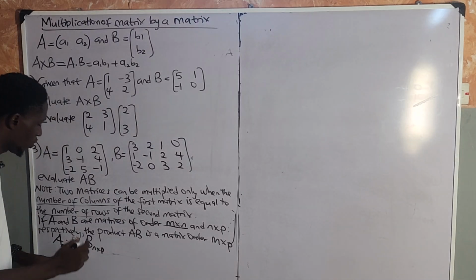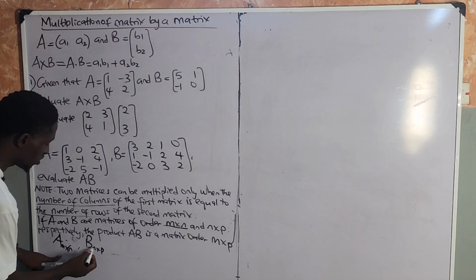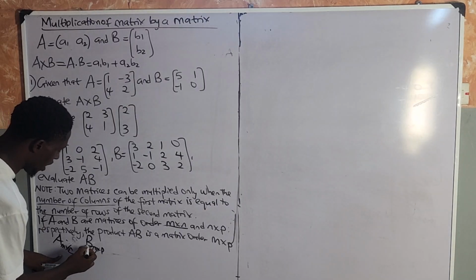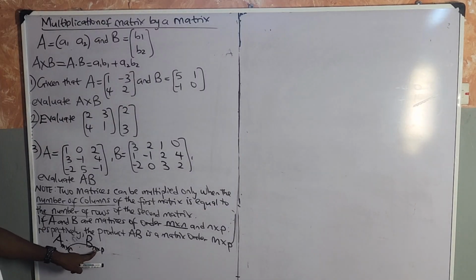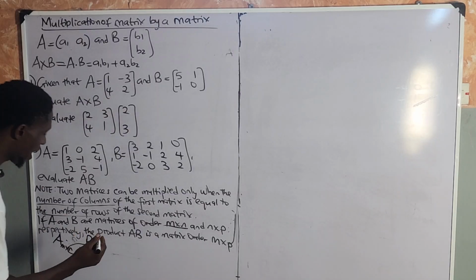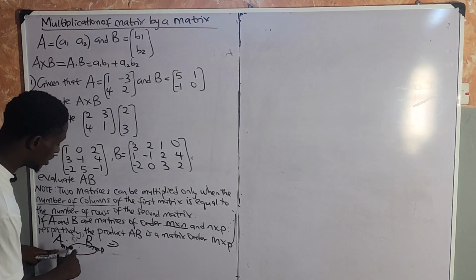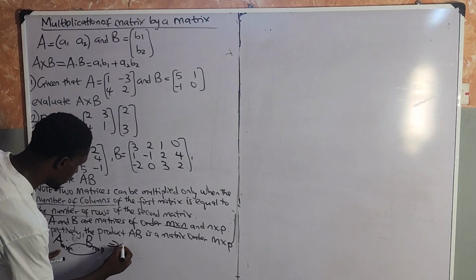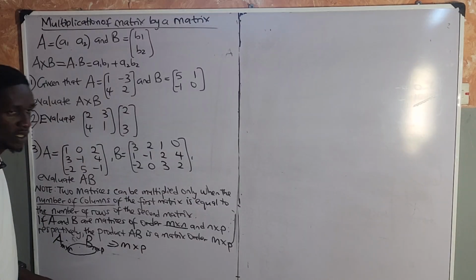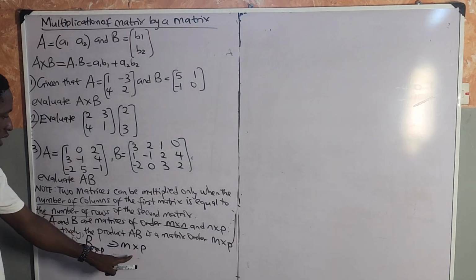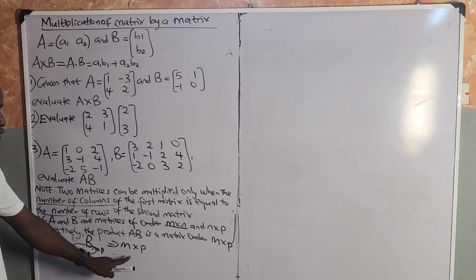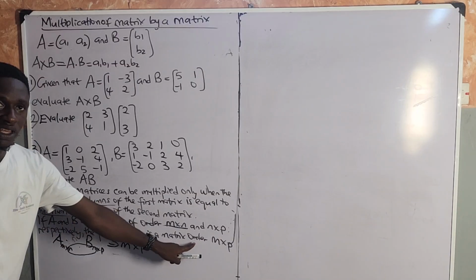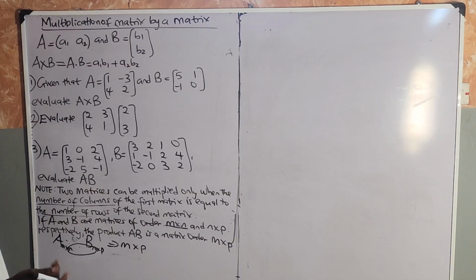It is n. What is the row of the second matrix? It is n. So you can see that the two of them are equal. N is here, n is here. It's possible. And when you multiply, the final answer will be in the form of m by p, or m times p. That is, this and this will be the remaining order. You see what I wrote here. So we are going to illustrate it with examples.